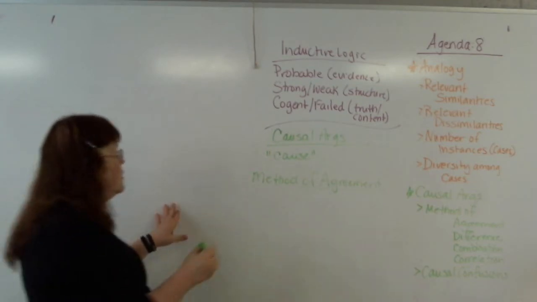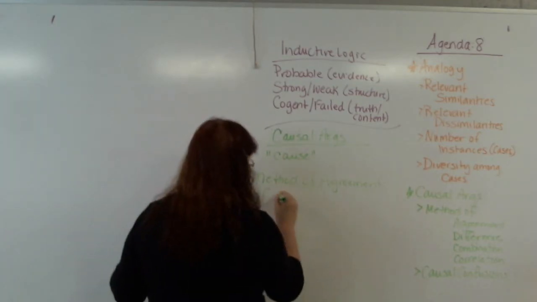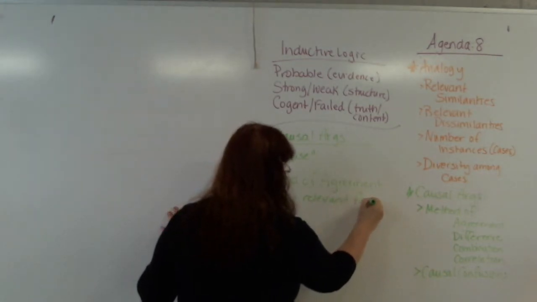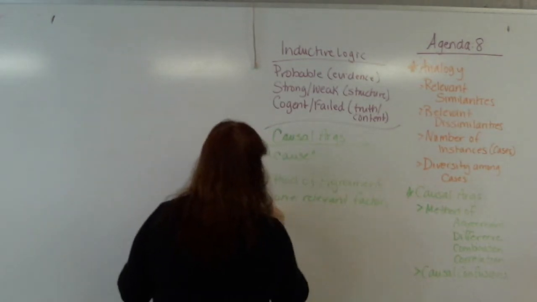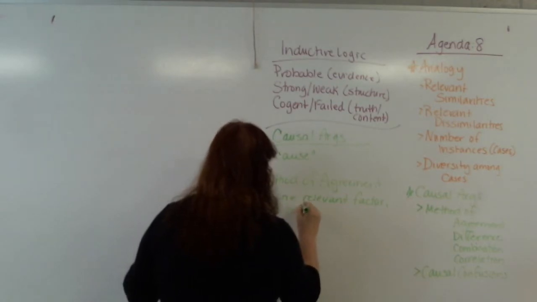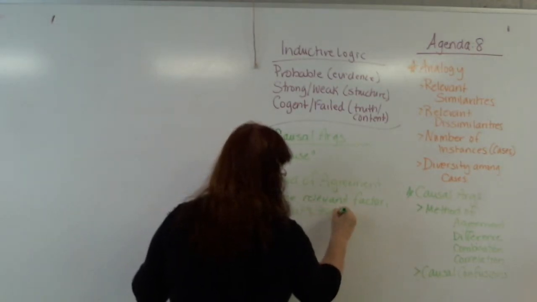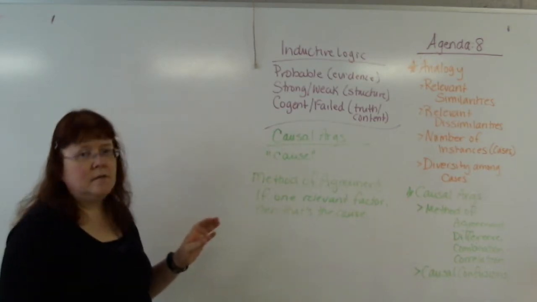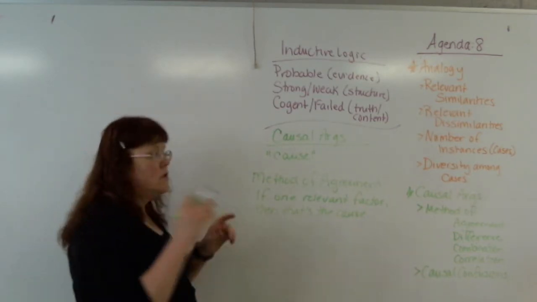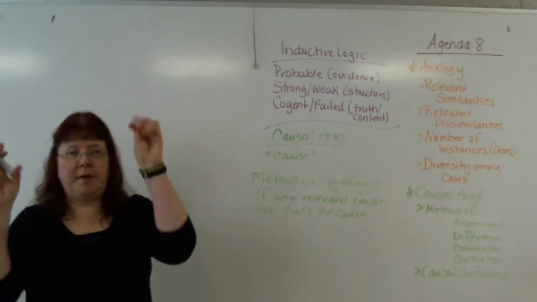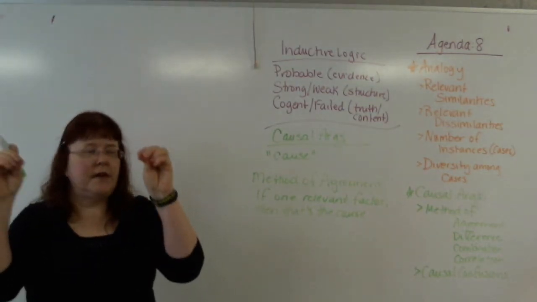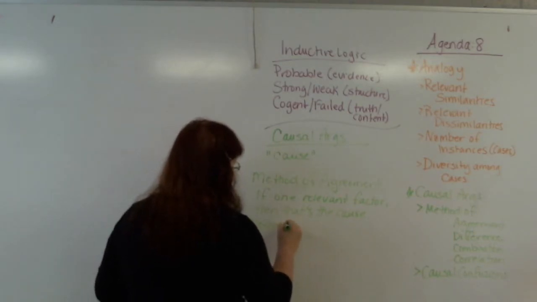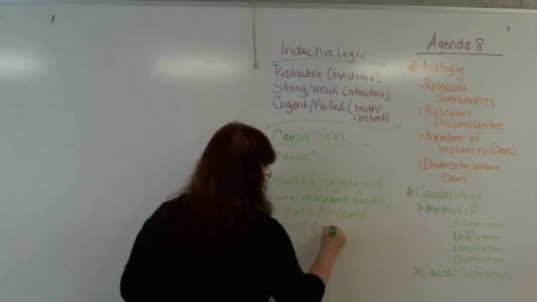So if one relevant factor, then that's the cause. Pretty easy, right? There's only one thing in common from here to here. That one thing is what caused it. Then we have the idea of the method of difference.